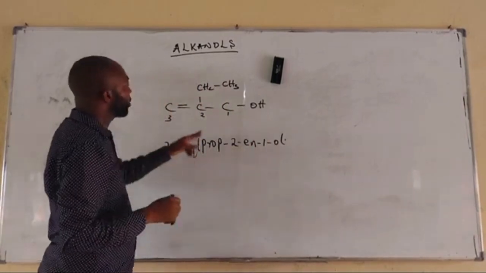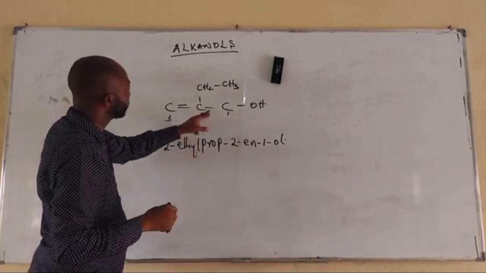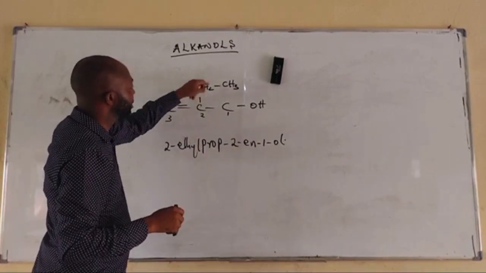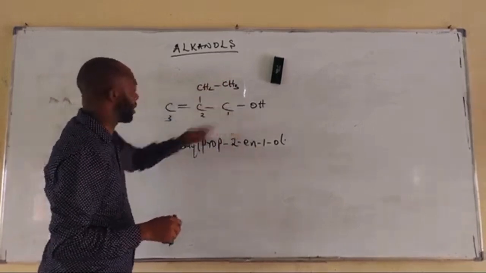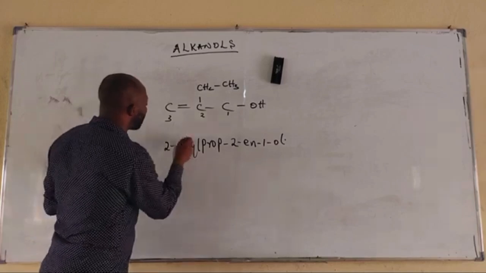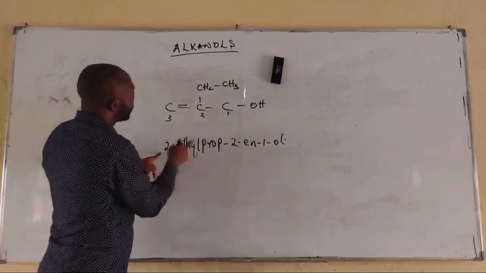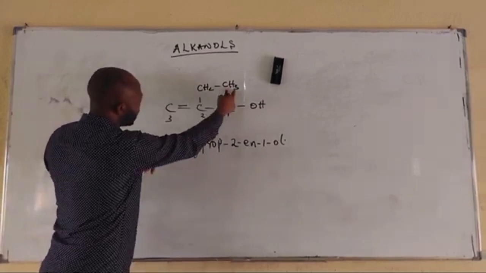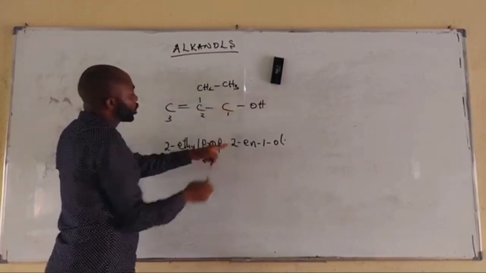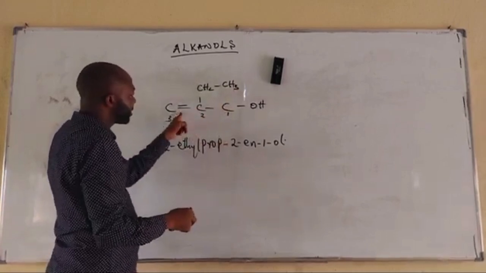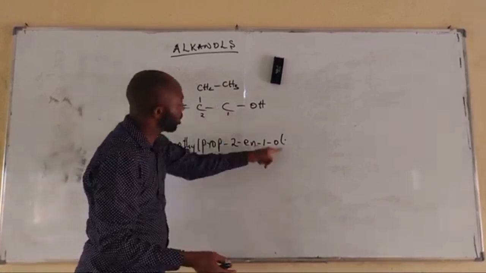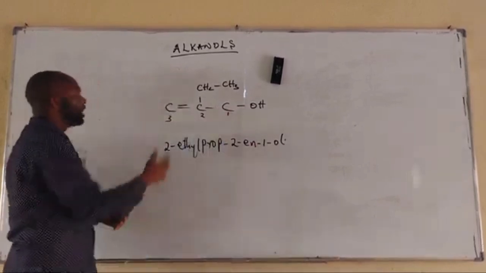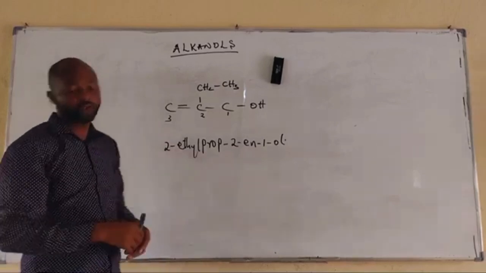Now there is a double bond in carbon 2, and there is an alcohol group, a hydroxy group, in carbon 1. So this is 2-ethylprop-2-en-1-ol. There is a double bond, an ene group, and 1-ol. So this becomes the name of this. We should not forget that.